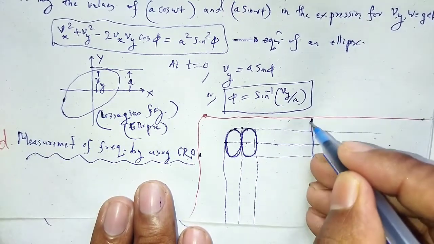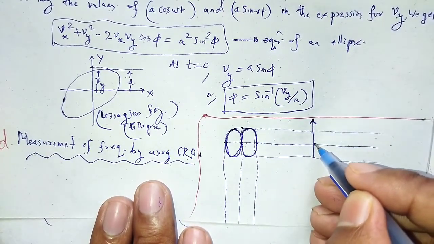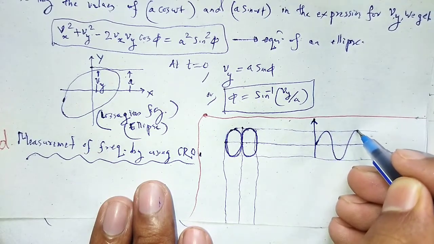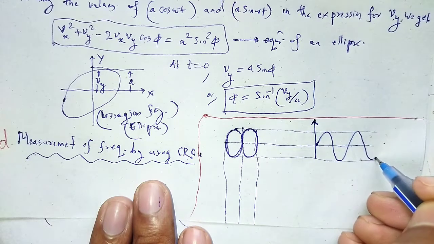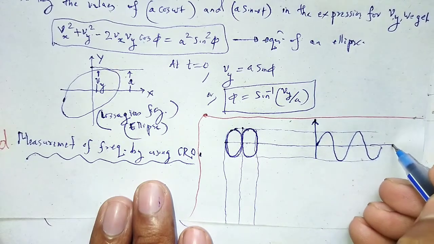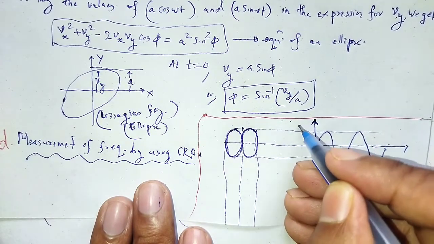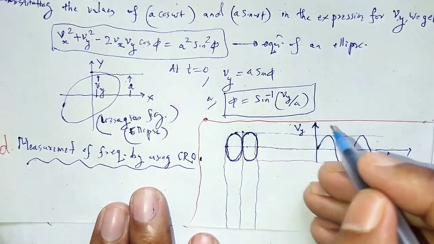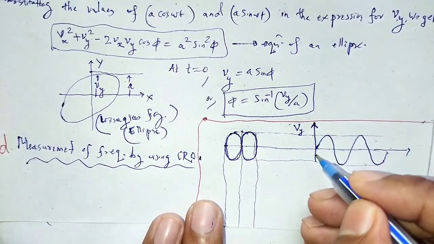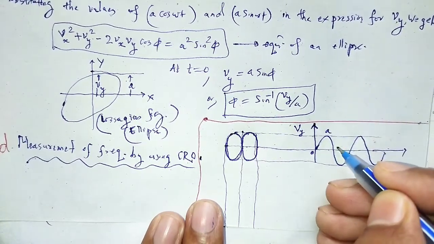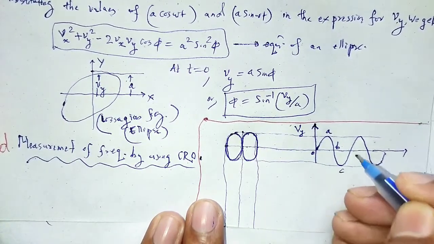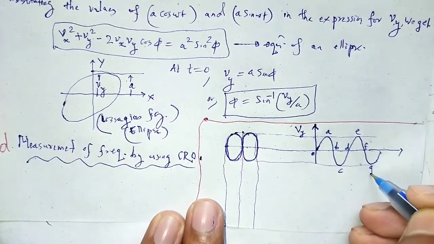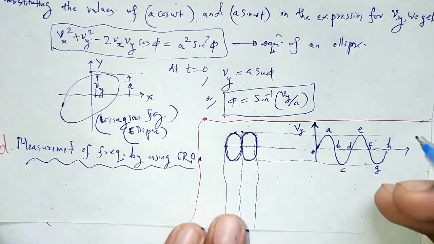In that section we draw, as Vy for the horizontal plates, the wave signal points A, B, C, D, E, F, G, H.